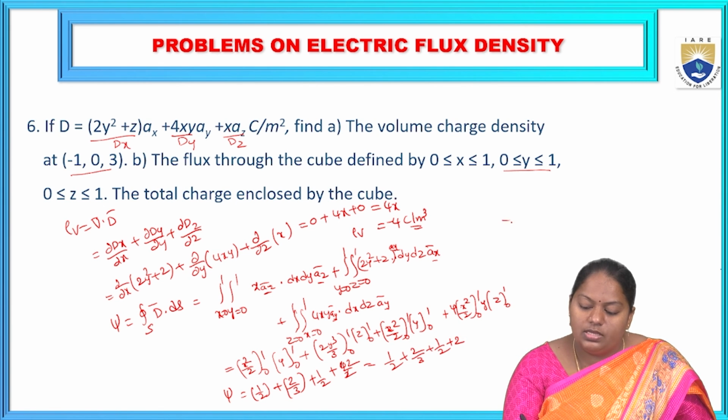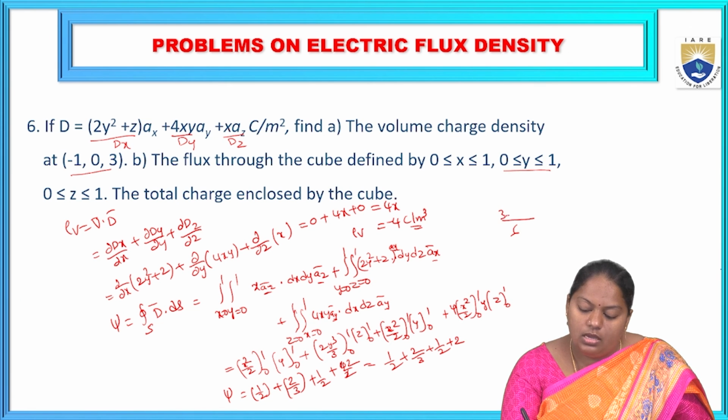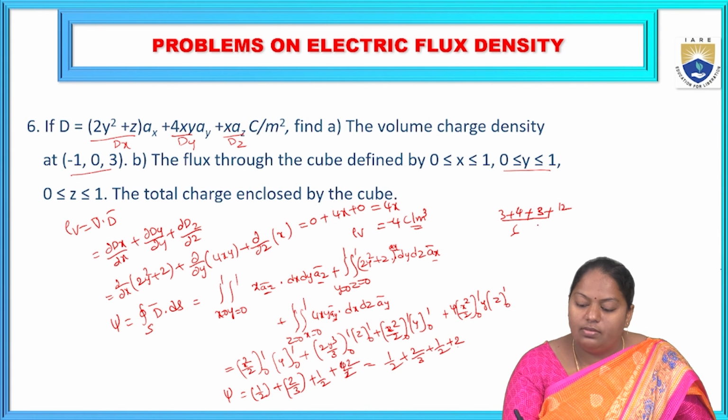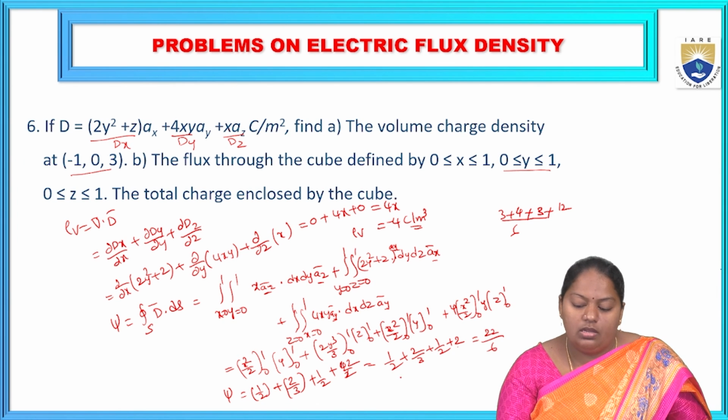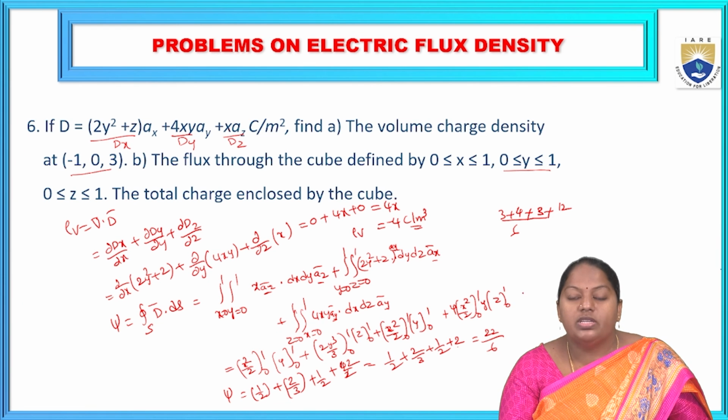If you take the LCM as 6 and simplify, 3 plus 4 plus 3 plus 12, that is 22 by 6 is obtained, and generally it is measured in coulombs.